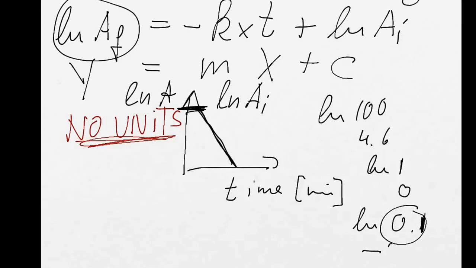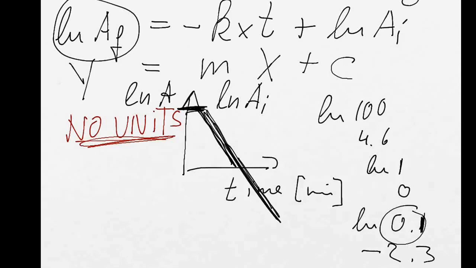Negative 2.3. So actually, it can go into the negative range. If you see it in the negative range, for a lot of people it is panic, help, mommy. Don't panic. It's fine. It can go negative.